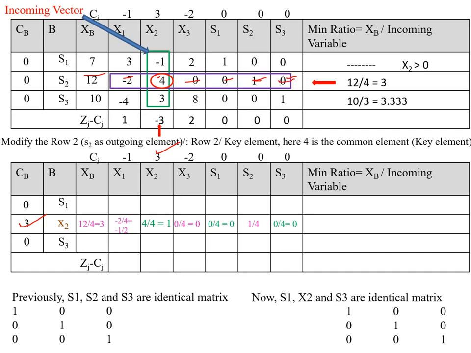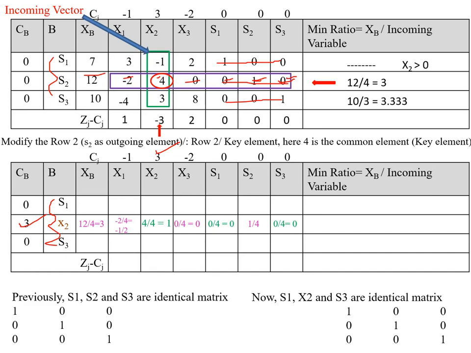After that, you have to observe that previously S1, S2 and S3 formed the identity matrix, and their values are 1 0 0, 0 1 0, 0 0 1. Now S1, X2 and S3 are forming the identity matrix, and their values also should be 1 0 0, 0 1 0, 0 0 1.